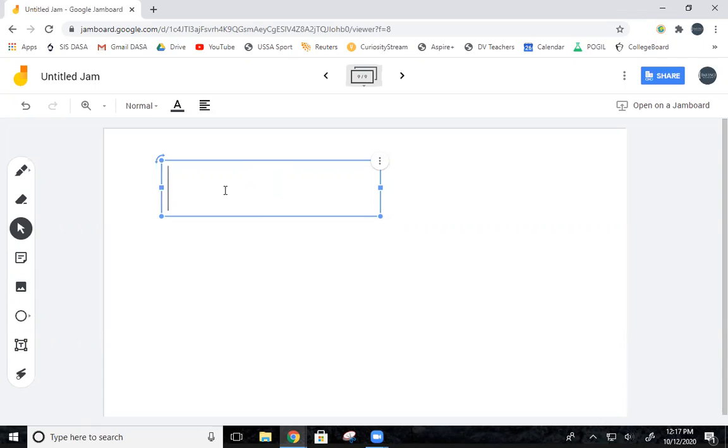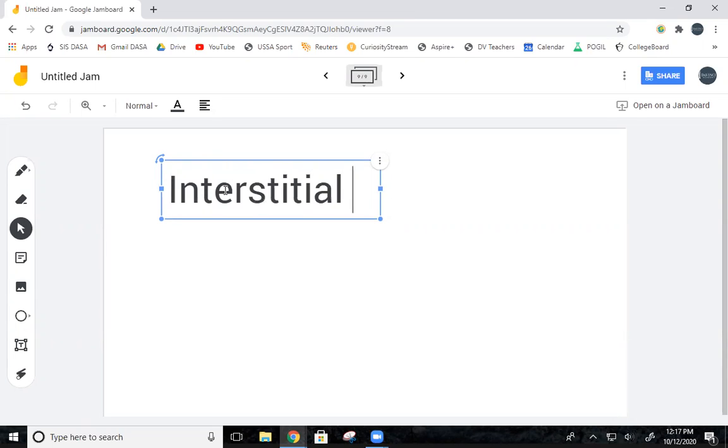So there are two major types: interstitial and substitutional alloys. So let's talk about interstitial alloys.